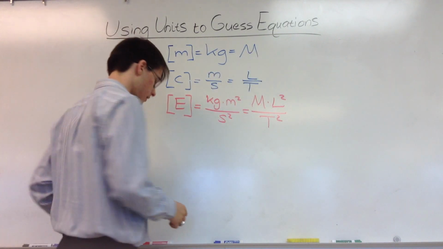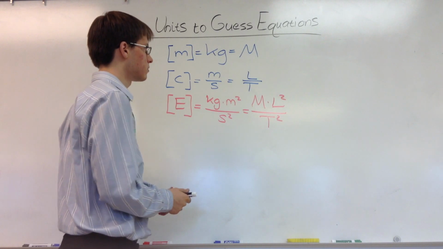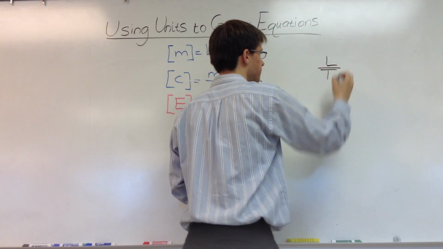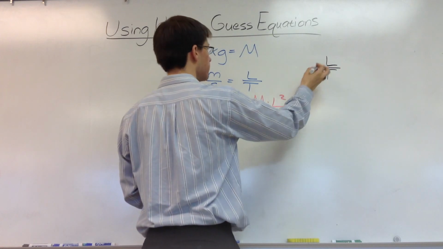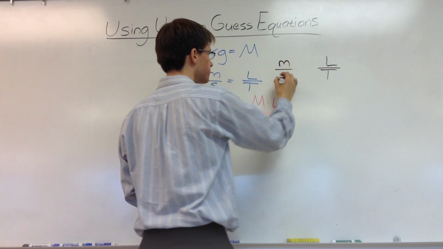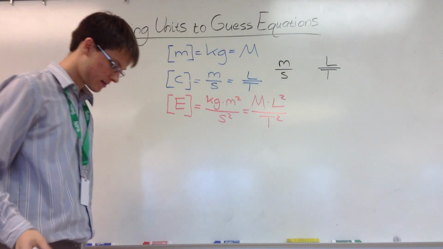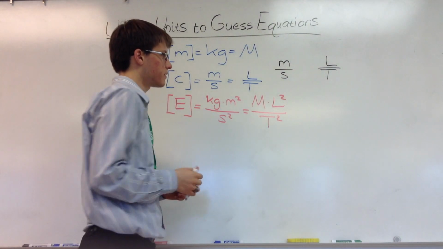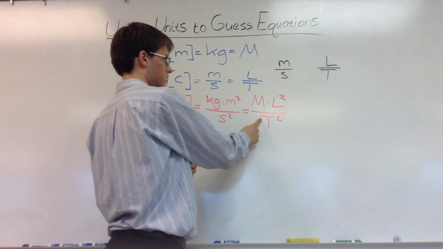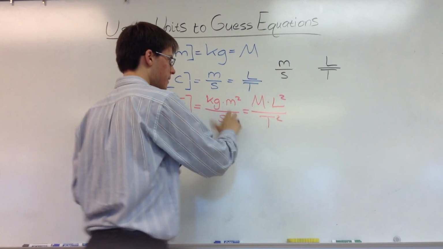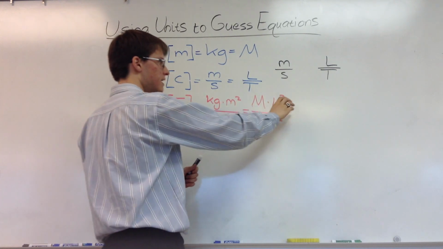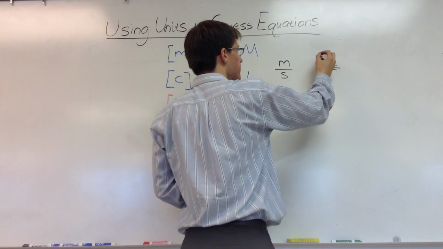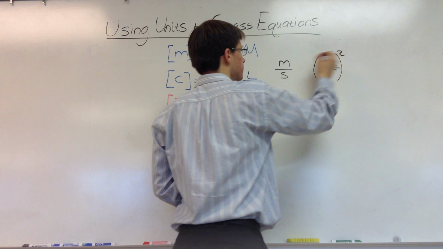So I'd like to start by writing down this, length divided by time, or meters over seconds. And then the second step is we're going to compare it to what we have down here. So down here, we have length over time, we have meters per second, but in this case, it's squared. So what we're going to do is we're going to say, okay, I must have to square this.